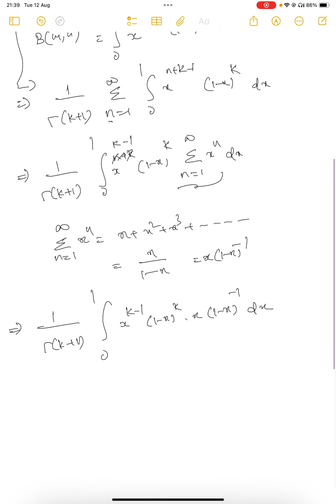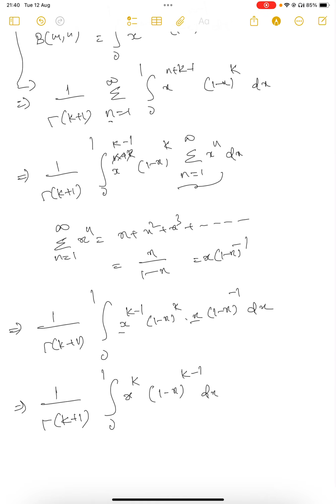Let's simplify this. That is 1 by gamma of k plus 1 into x power k minus 1 into x, which is x power k. Similarly here it is 1 minus x whole power k minus 1 dx, right?